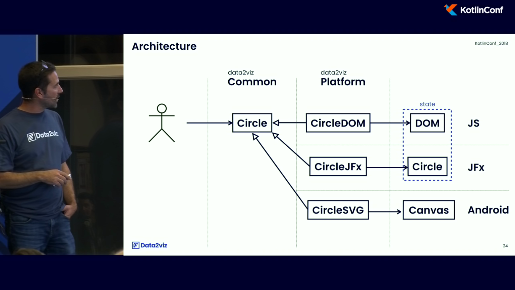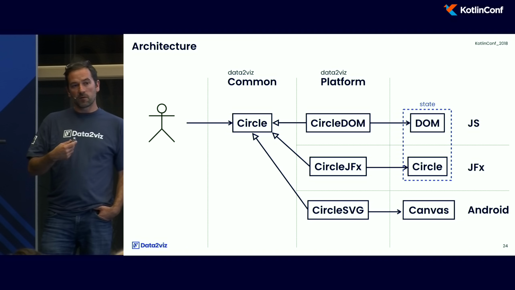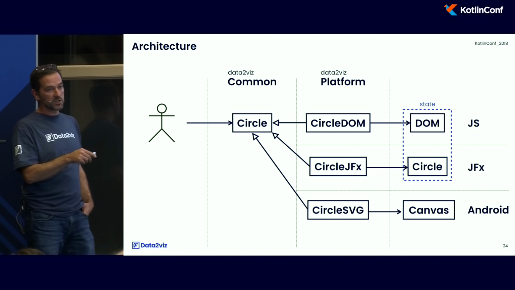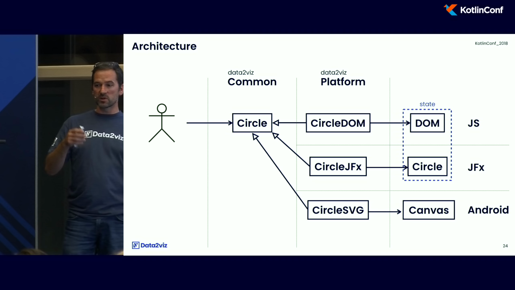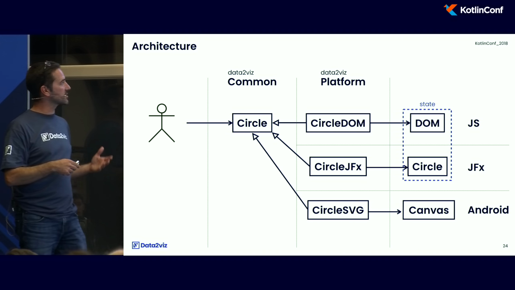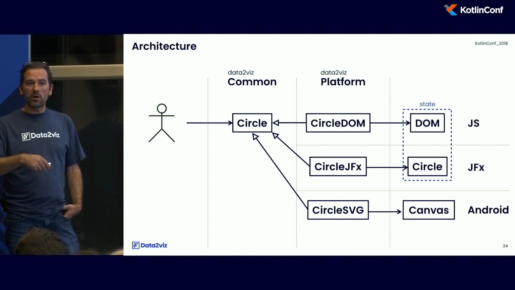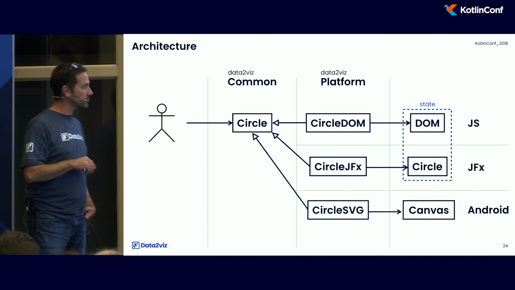So that is the design that was proposed. It was to say, okay, let's create a circle SVG class, which is going to own the state of the circle, so its position, its size, its radius, etc., and then use rendering functions to render this circle on a canvas.